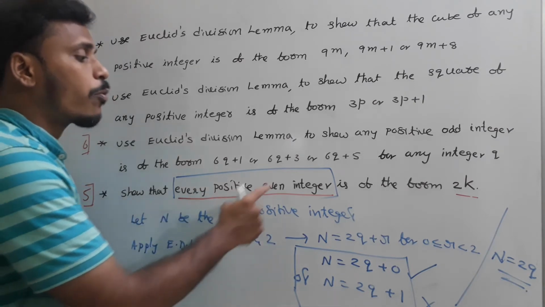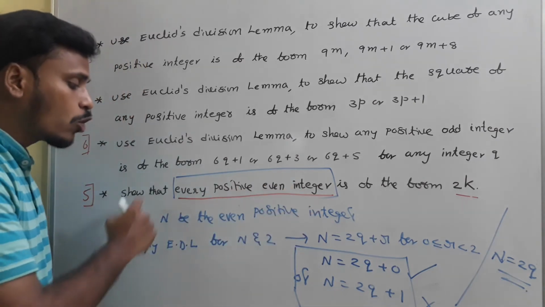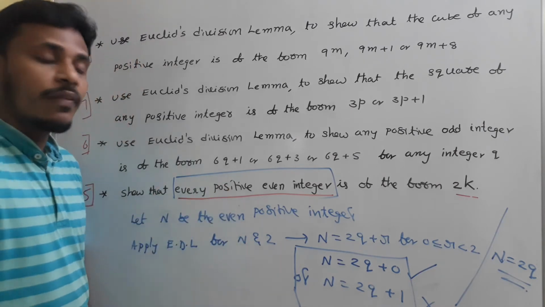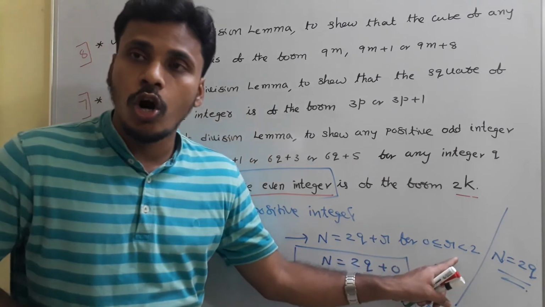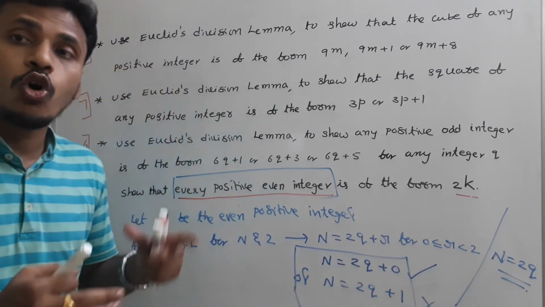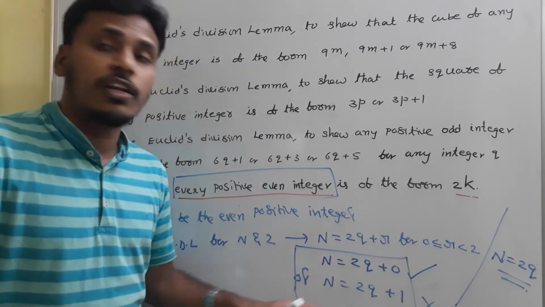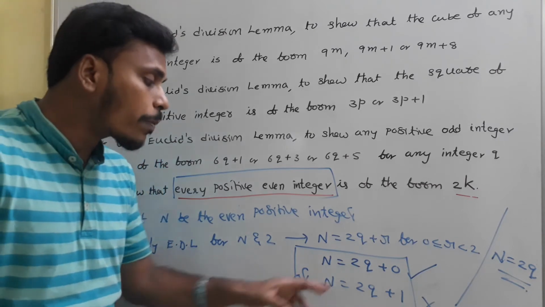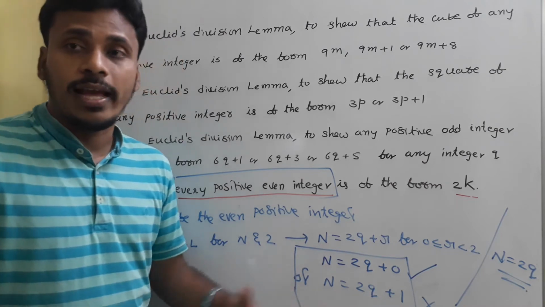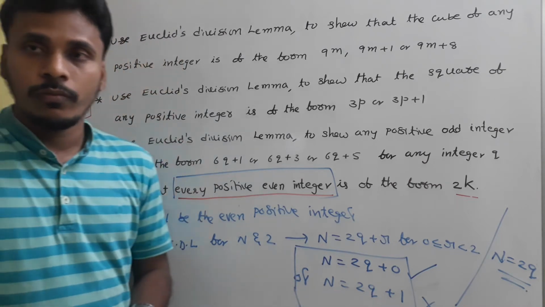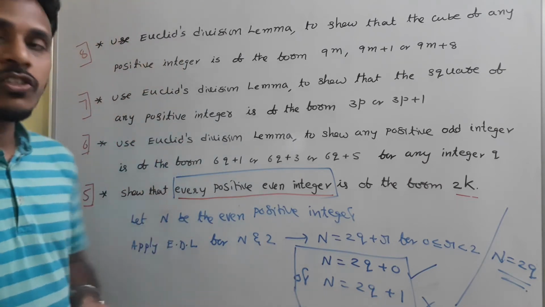Let n be the even positive integer. Apply Euclid's division lemma for n comma 2. Then n equals 2q plus r, and r is between 0 and 2. The r value may be 0 or 1. So these two representations are possible. Among these two, the first representation is acceptable, whereas the second one is not acceptable because n is even positive. So at the end, the discussion is clear.